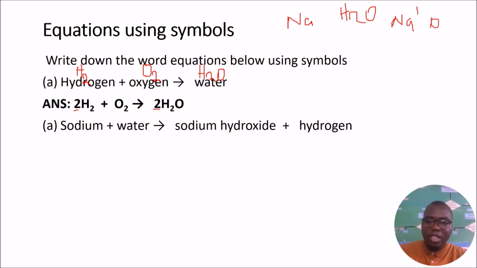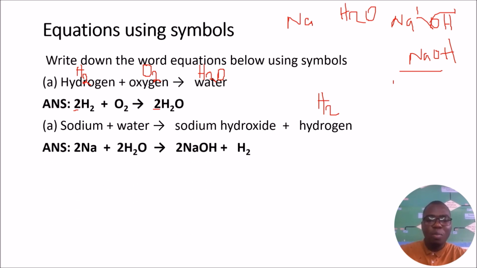Then hydroxide is OH with a valence of 1. You swap these two, you come up with NaOH. So this is the formula. Then again, you meet the hydrogen. Hydrogen is diatomic, so it's going to be H2. As a result, your answer will be like this.